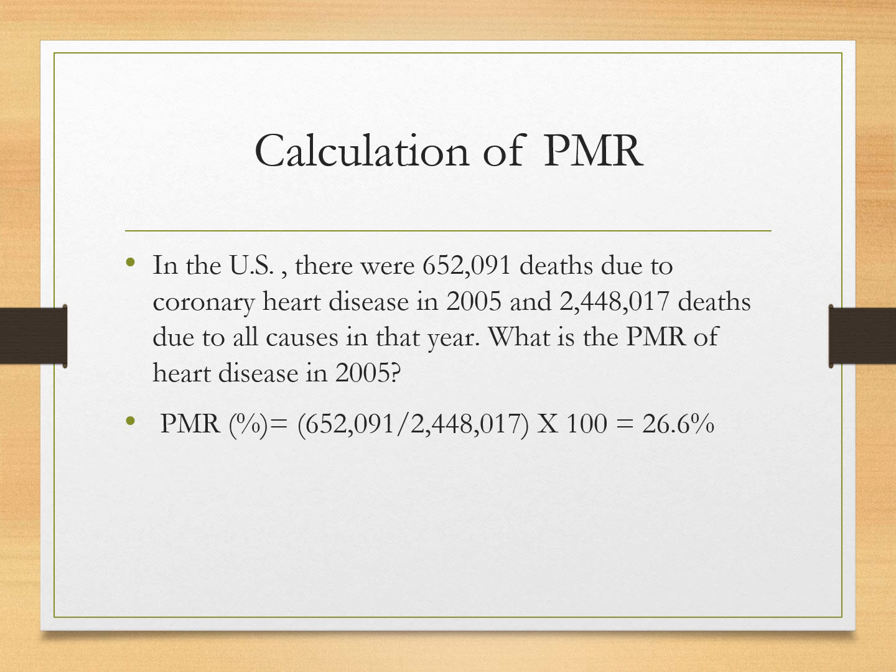First, divide 652,091 by 2,448,017, which equals approximately 0.266. Then you have to multiply that number by 100 to express it as a percentage.